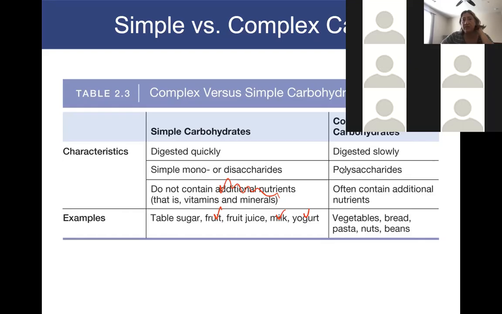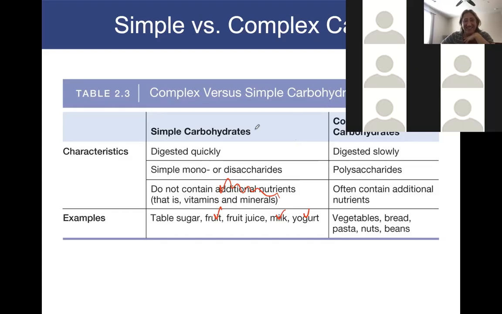If I'm going hiking and I'm climbing a mountain and I feel really, really tired and fatigued, which fuel am I going to use? Am I going to use a simple carb or a complex carb? What do you think? What's my preferred fuel source when I'm climbing a mountain? Simple carb? Yeah.